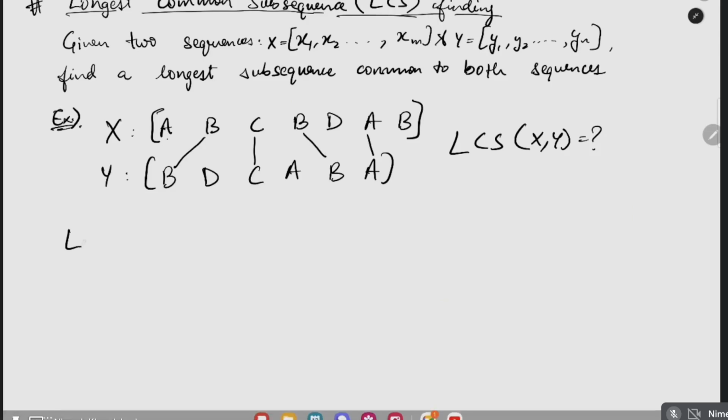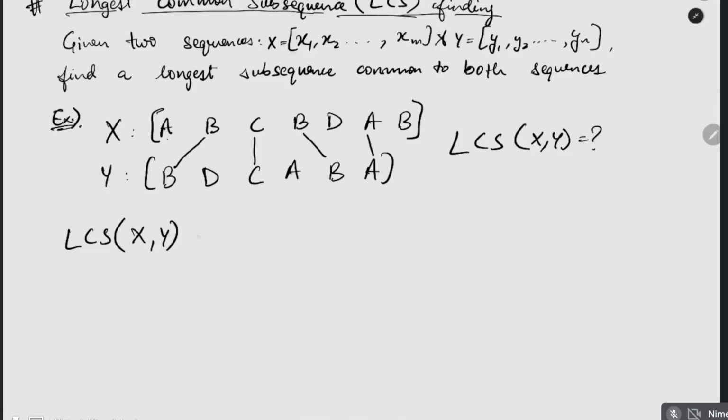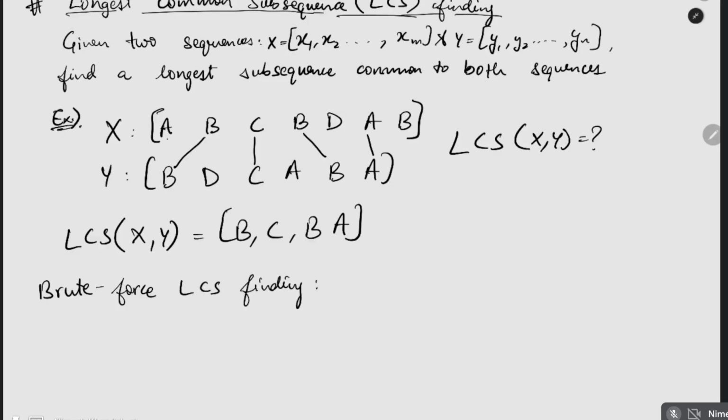So the longest common subsequence of x, y is B A. But this was again the brute force approach, and of course I will not go through the derivation, but we have seen in the lectures that the brute force LCS finding algorithm is exponential.